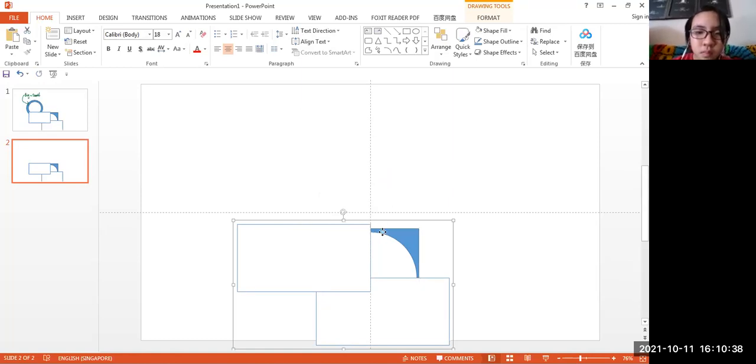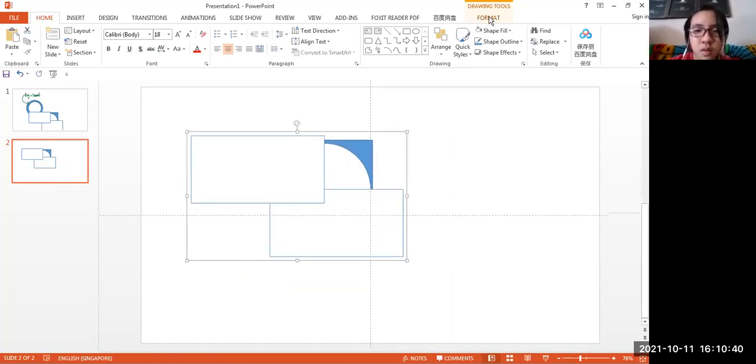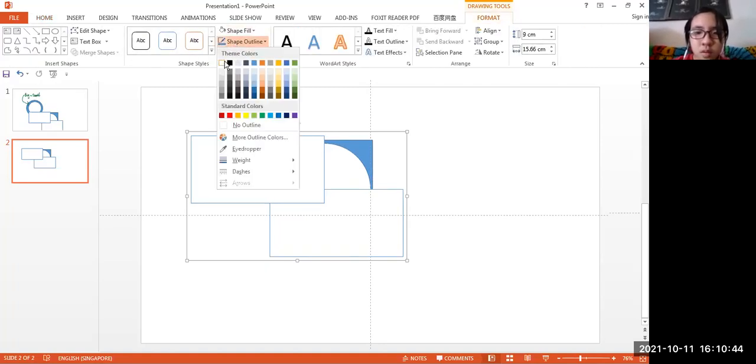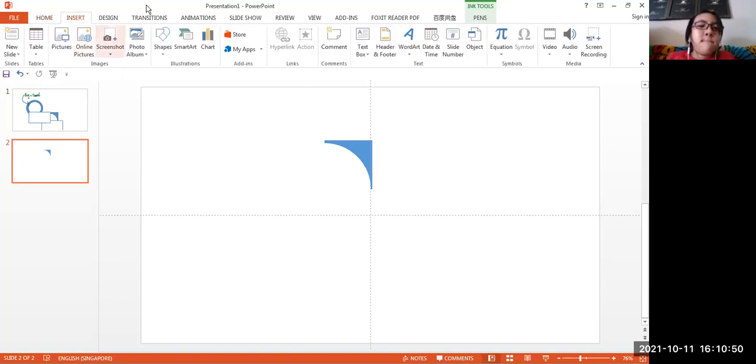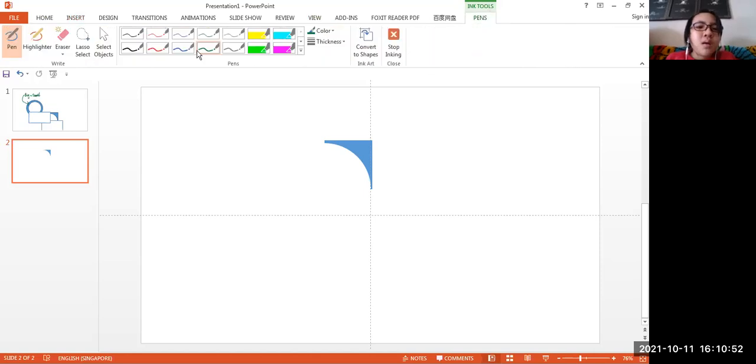And how do you do this question? The blue region. What is your strategy for this blue region?